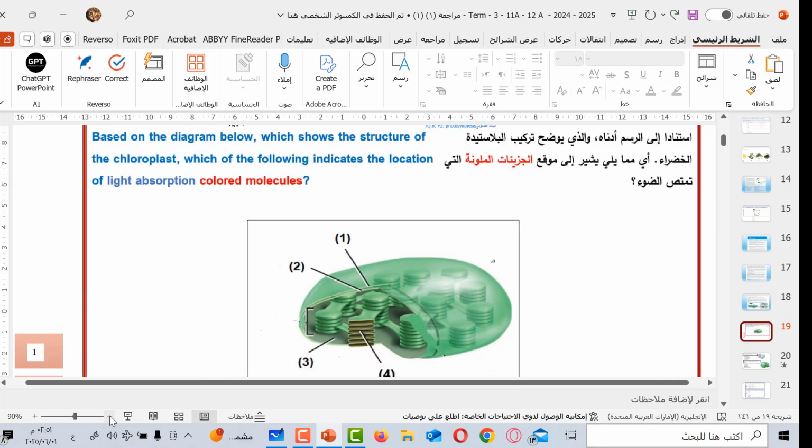He asked about the structure of the chloroplast. He asked about the colored molecules. Which colored molecules? Colored molecules means the molecules which absorb light.